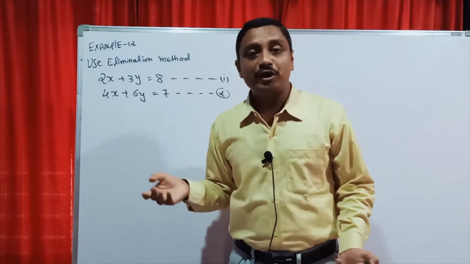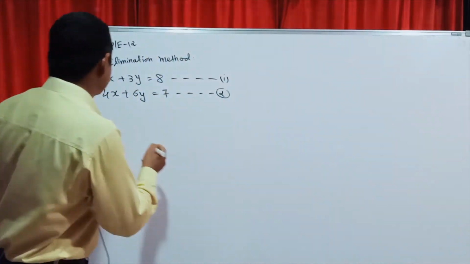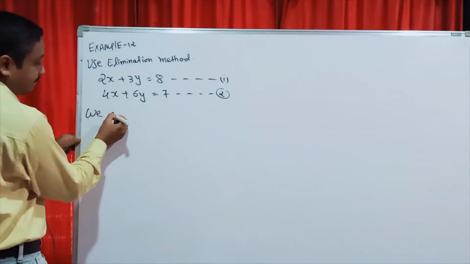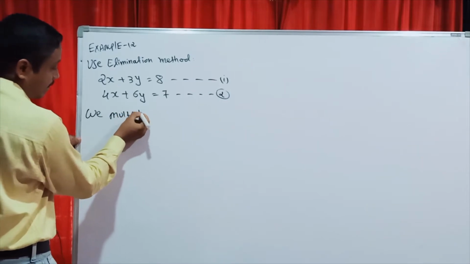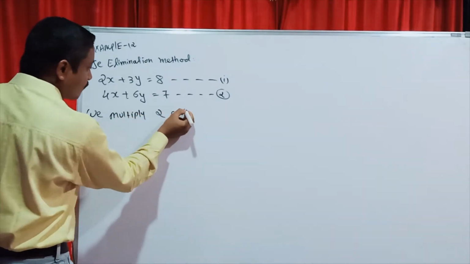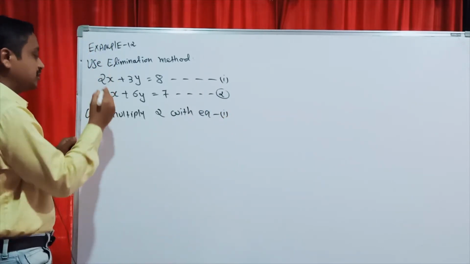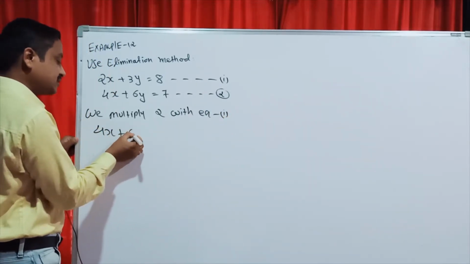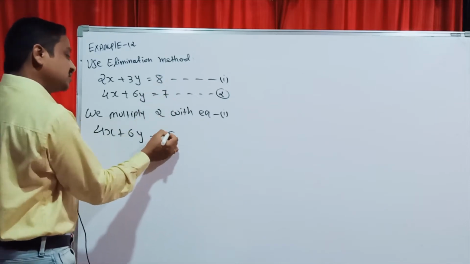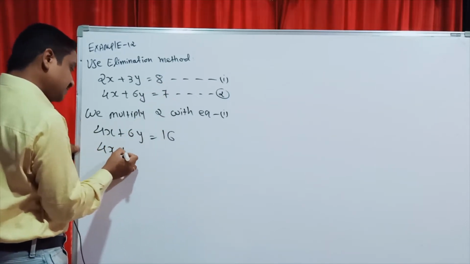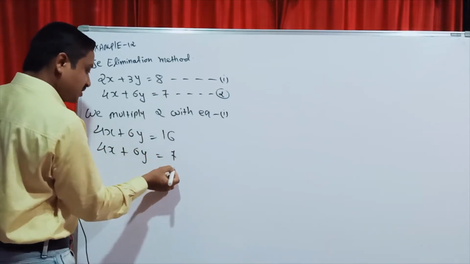We multiply 2 with equation number 1, so 4x plus 6y is equal to 16, and the same with the other.